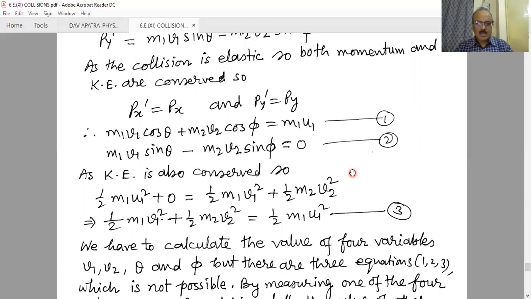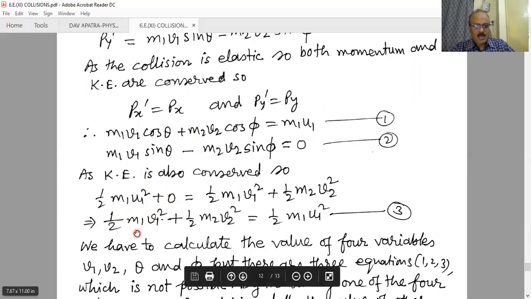We are taking the kinetic energy conservation, and only one single equation you can get: half m1 u1 square, because the second object was initially at rest, is equal to half m1 v1 square plus half m2 v2 square.